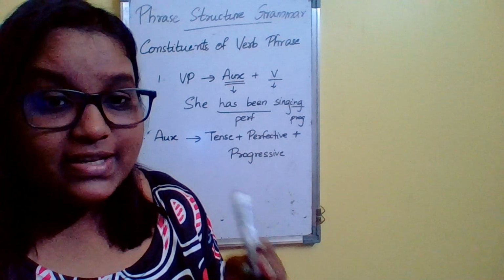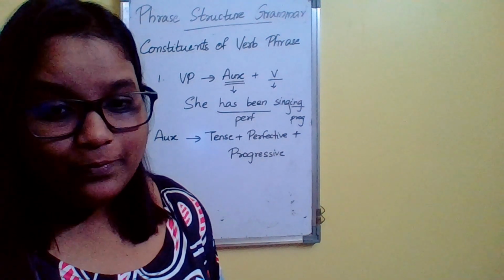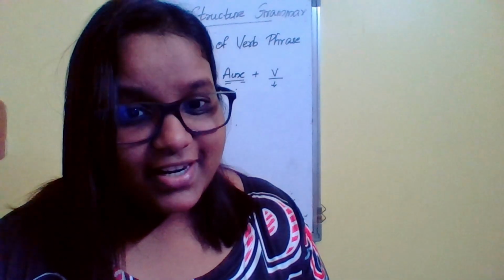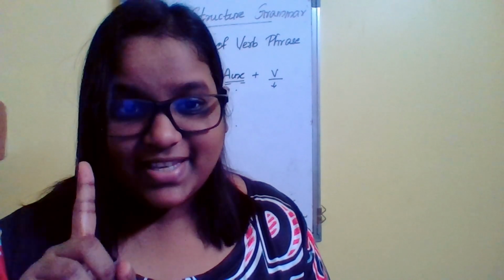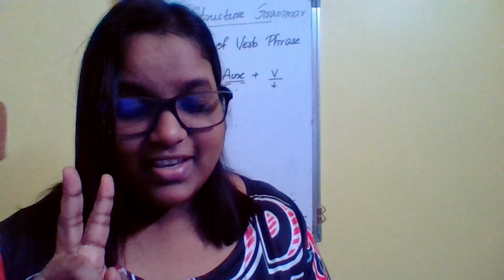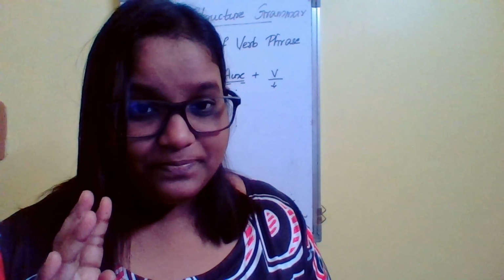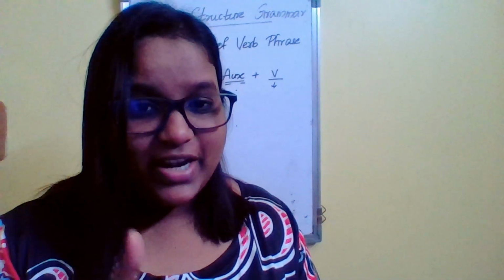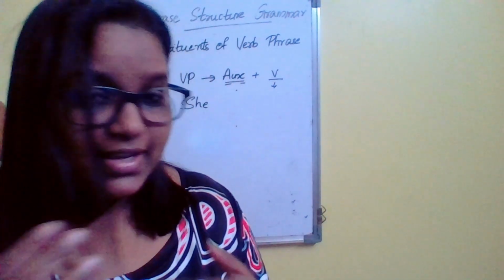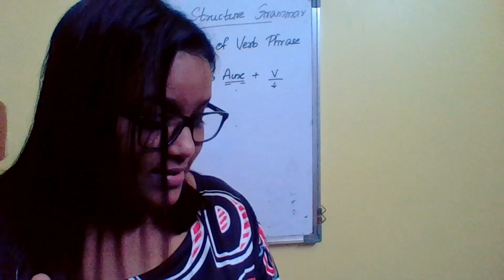Let's move on to the 7th possibility now. So now we have considered 6 sentences. She sings, she can sing, she had sung, she is singing, she could have sung. Then we discussed she has been singing.